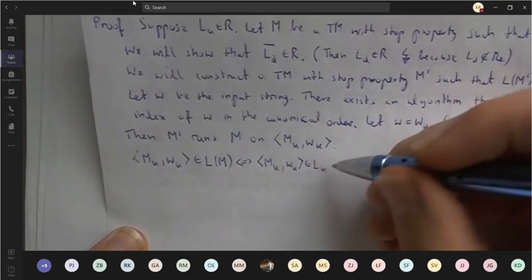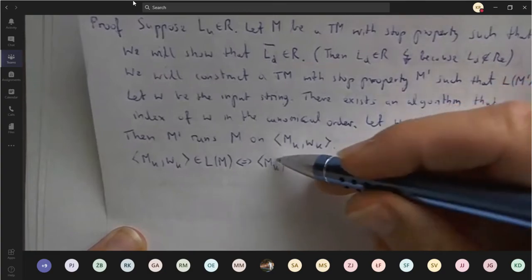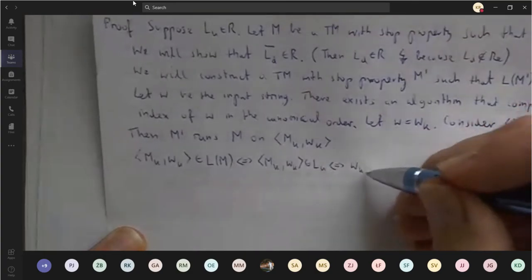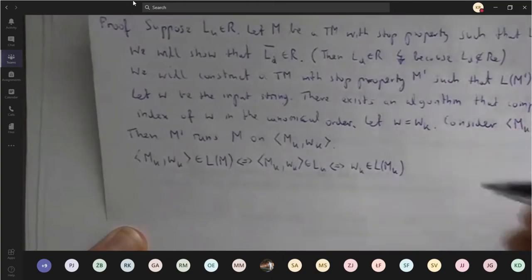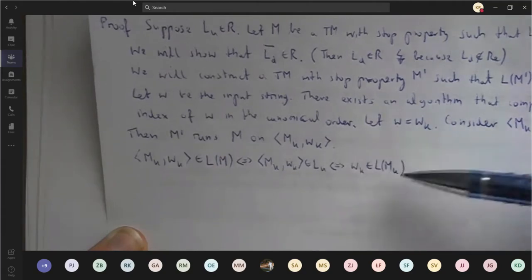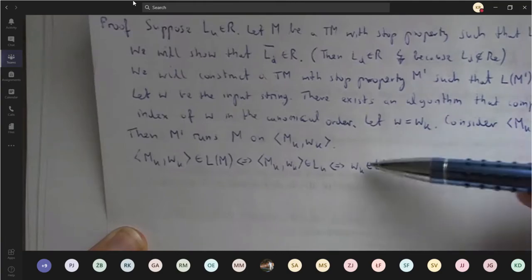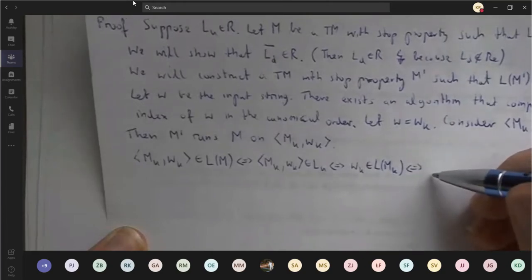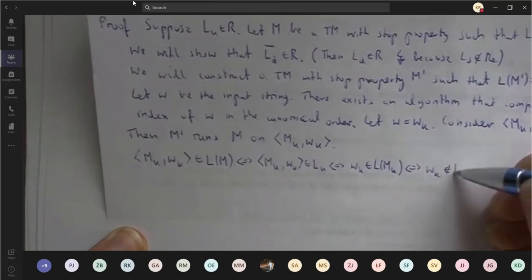And we know by the definition of the universal language, this is if and only if M_K accepts W_K. And by the definition of the diagonal language, that means that we have 1 on the diagonal in the K place. So a_KK is equal to 1. So that means that W_K does not belong to the diagonal language.